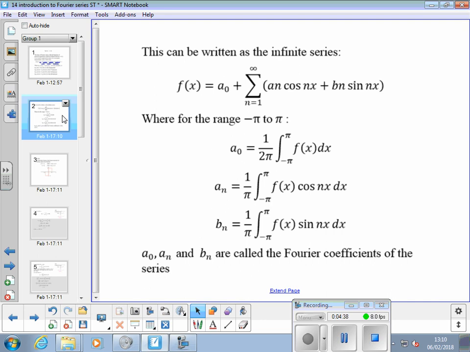I don't expect all of you have got your tables of standard integrals and derivatives handy from maths, but I'll put the ones we need on the board anyway. A0, An and Bn are called the Fourier coefficients of the series.